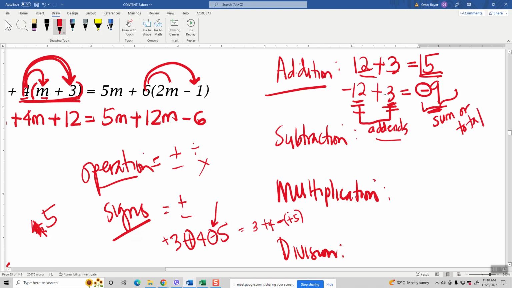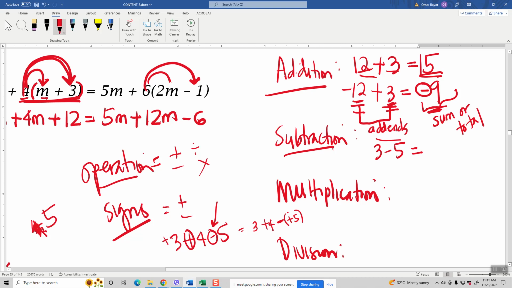So, let's be clear here. Whoever carries the bigger value will dictate the sign of your answer. Okay? So, let's go for subtraction. Let's say 3 minus 5. Addition and subtraction carry the same principle in terms of operation rules, no?